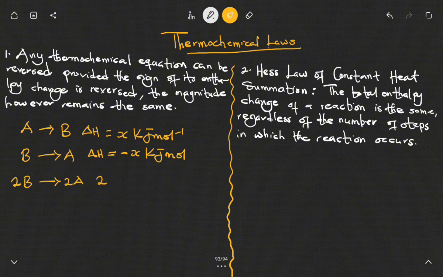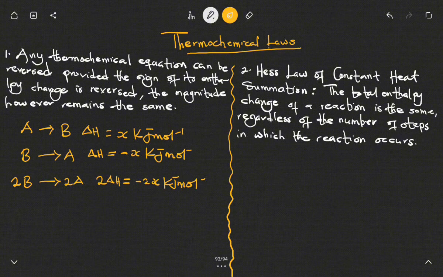So I'm going to have 2 times the enthalpy change, which is going to be minus 2X kilojoules per mole. So that is the first law that you have to take note of.